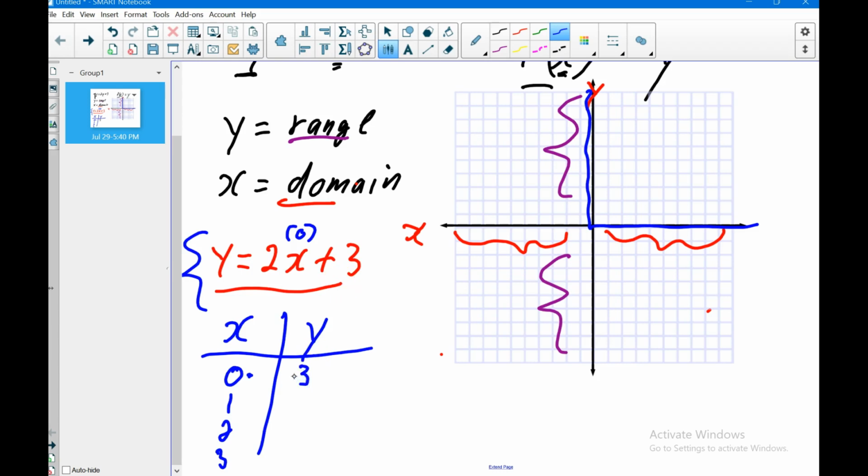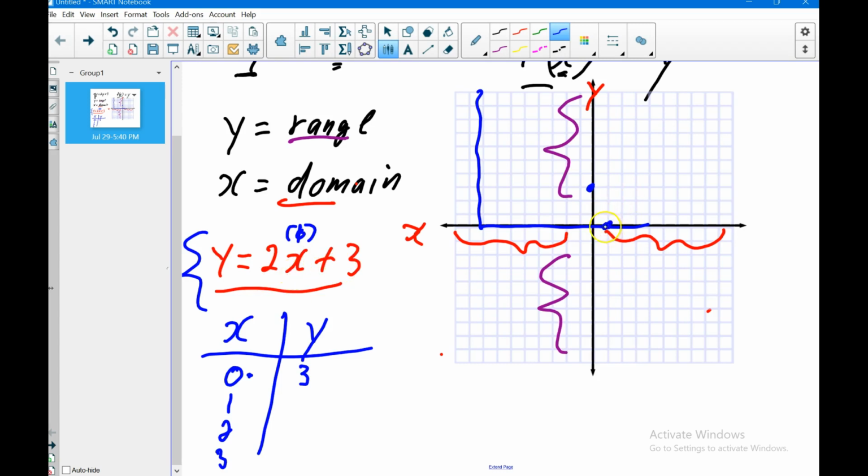What that means in the graph is that if I have the x value of 0, which would be right here, the corresponding y value would be right here at 3. As the x moves to 1, I'll take that dot, for example, and it moves over here to 1. Now the value goes to 1 times 2 is 2, plus 3.